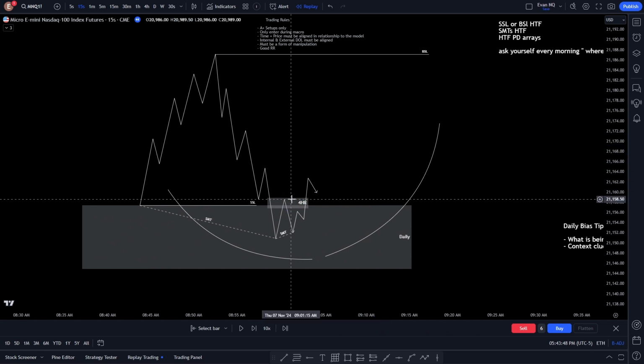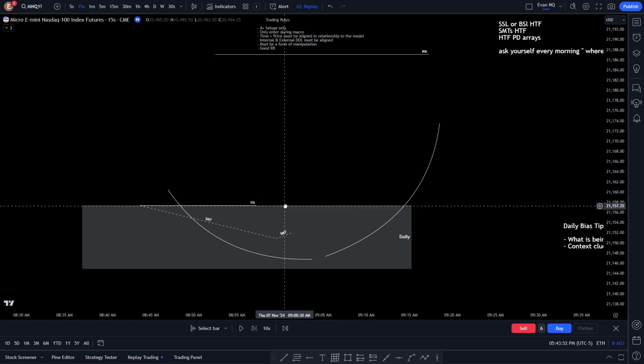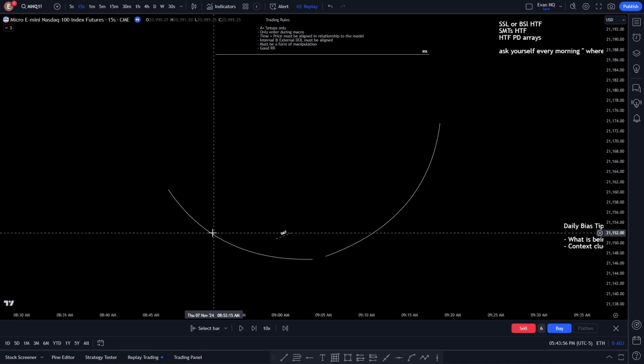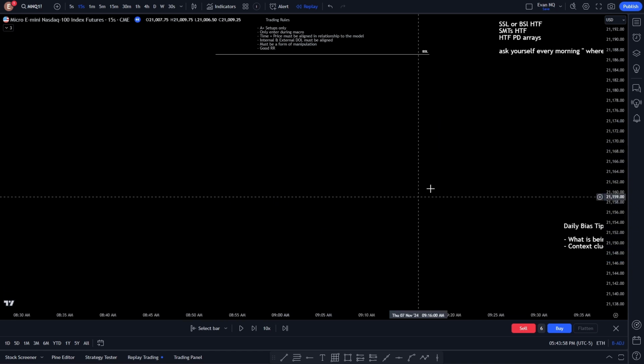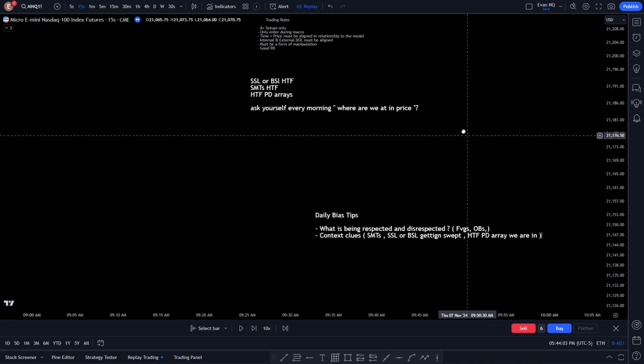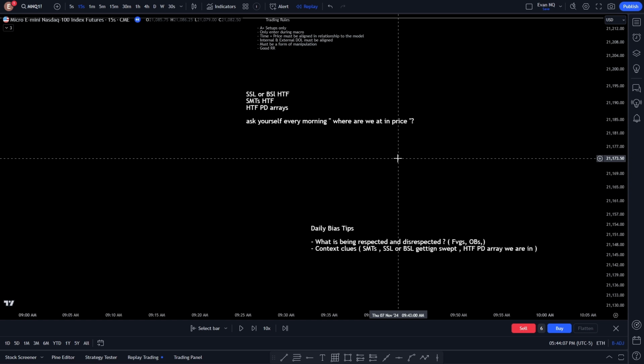And 90, 95% of the time, I can confidently say that you will correctly find your daily bias if you put these things in perspective. Because there are times I'm wrong. Everyone's wrong, the best traders in the world are wrong. It's part of the game. But 95% of the time you will have the correct daily bias, and you're good from there if you follow your rules.